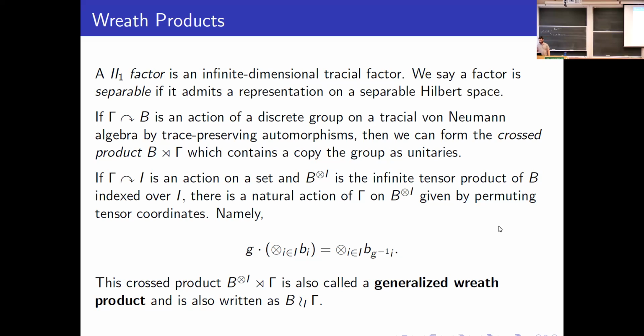Then you take the cross product of B to the I cross gamma. This is called a generalized wreath product. It's a wreath product because you do the product and then act on it, and it's generalized because the index set is not just gamma itself. So I've explained the title. I succeeded. So basically the rest of the talk, we're studying this algebra.